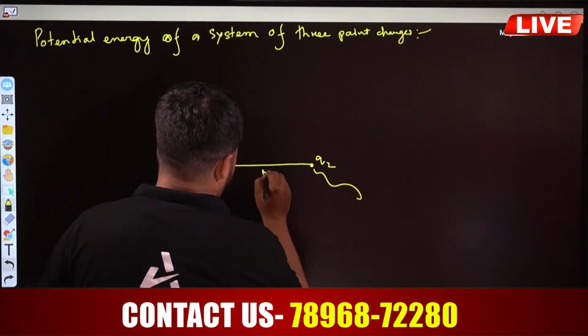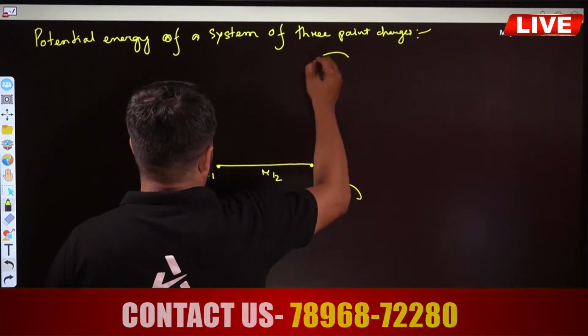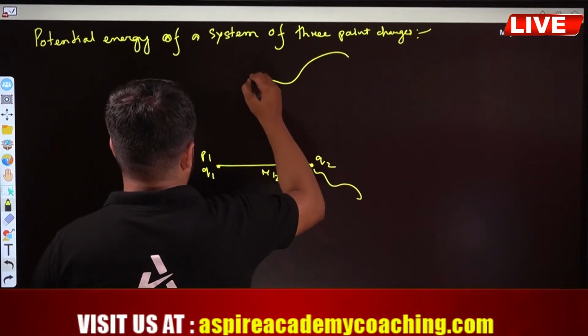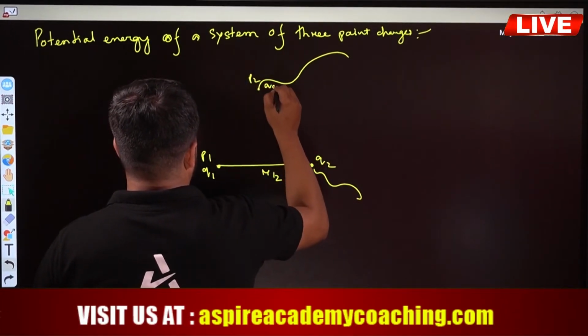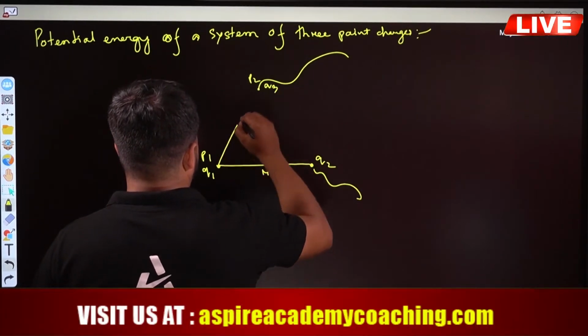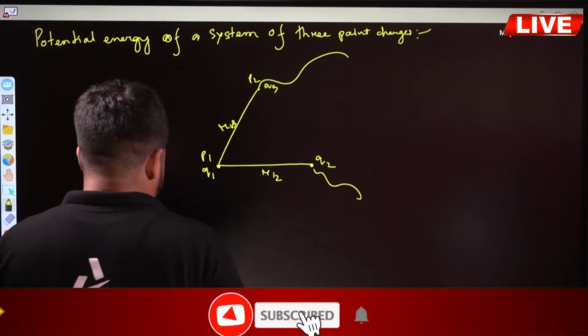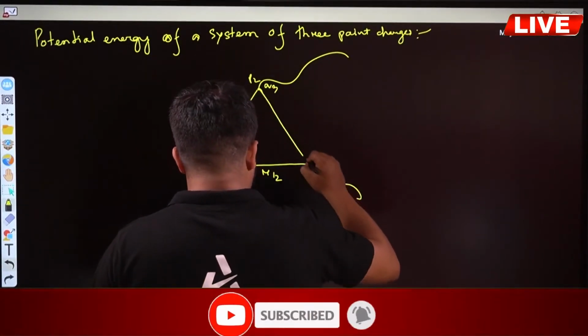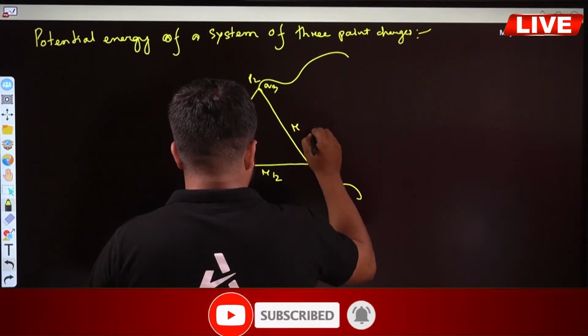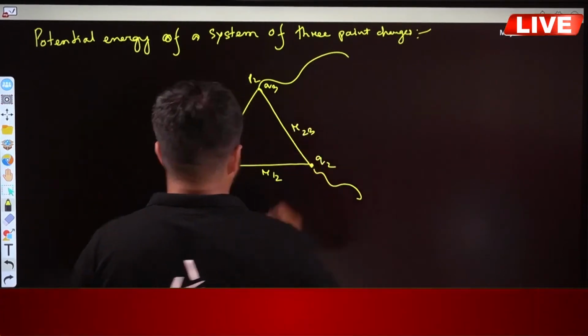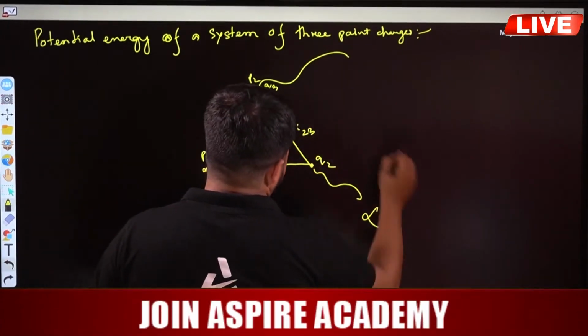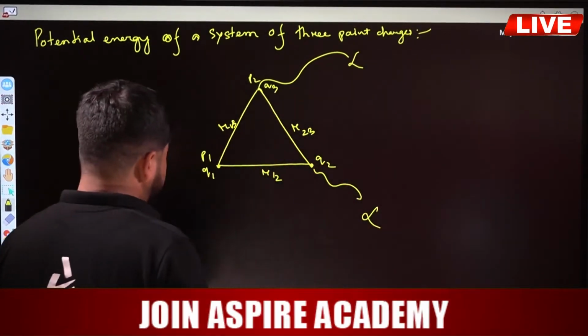Distance is R12. Another, third charge, suppose Q3, we are placing at a third point. From here to here, the distance will be R13. From here to here, the distance is R23. From here, this is another infinity.